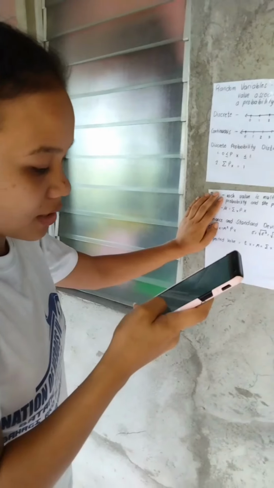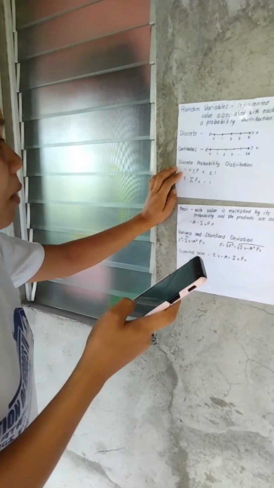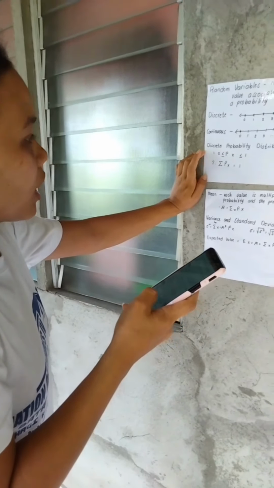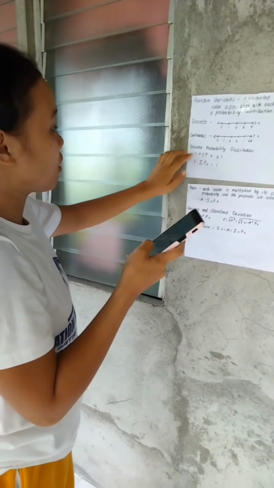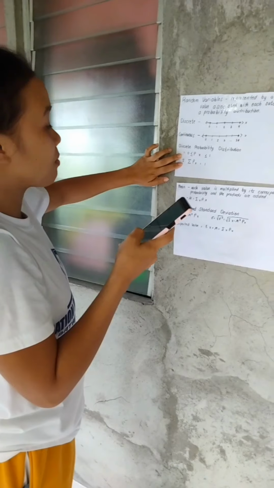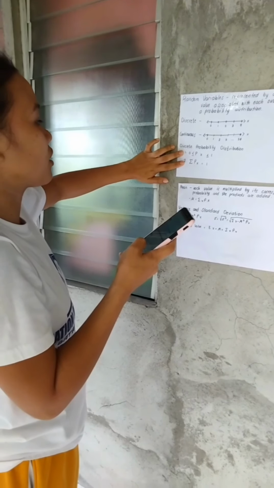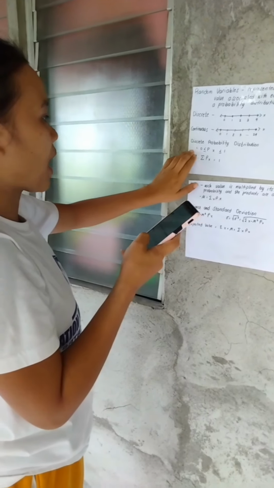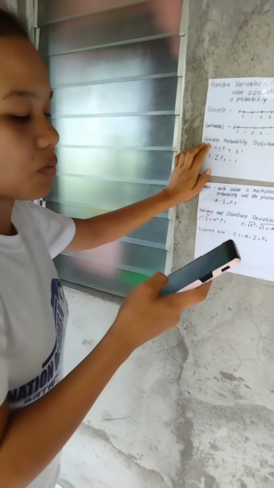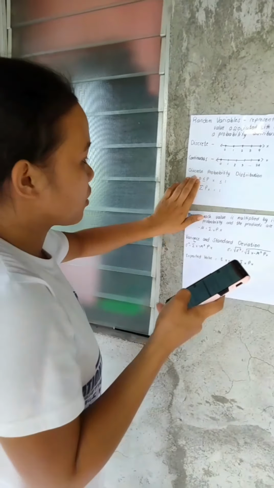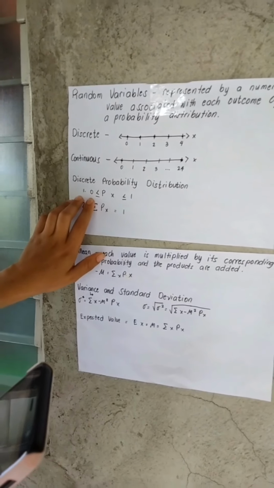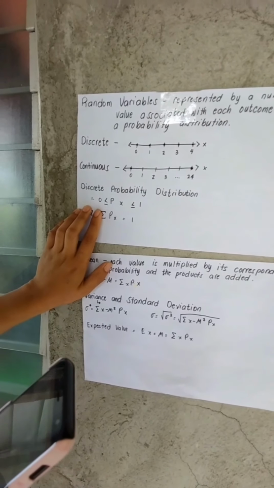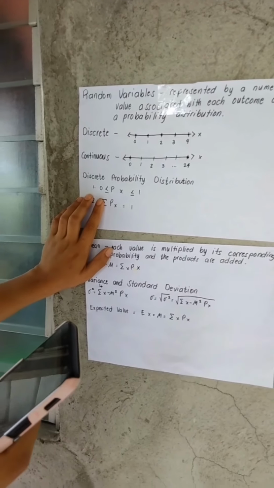So the next is discrete probability distributions. These are the conditions that we must apply to consider what a discrete probability distribution is. Number 1, the probability of each value of the discrete random variable is between 0 and 1 inclusive.